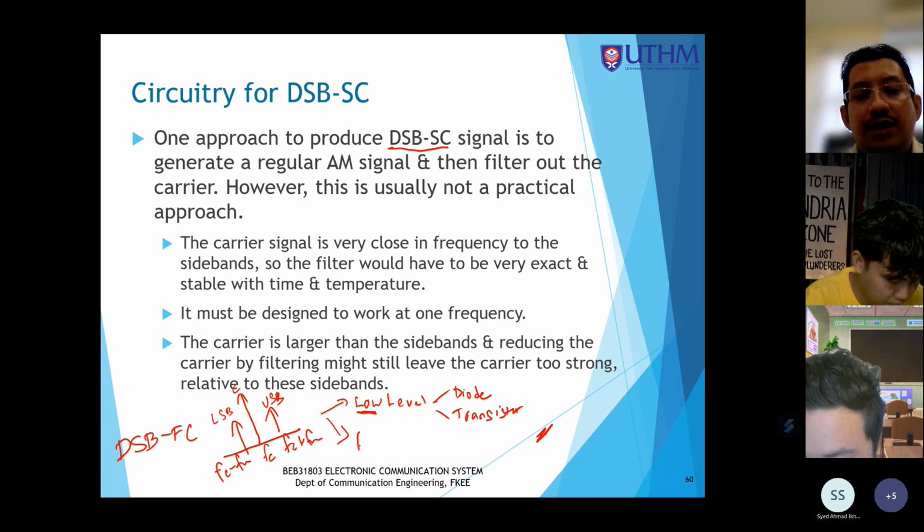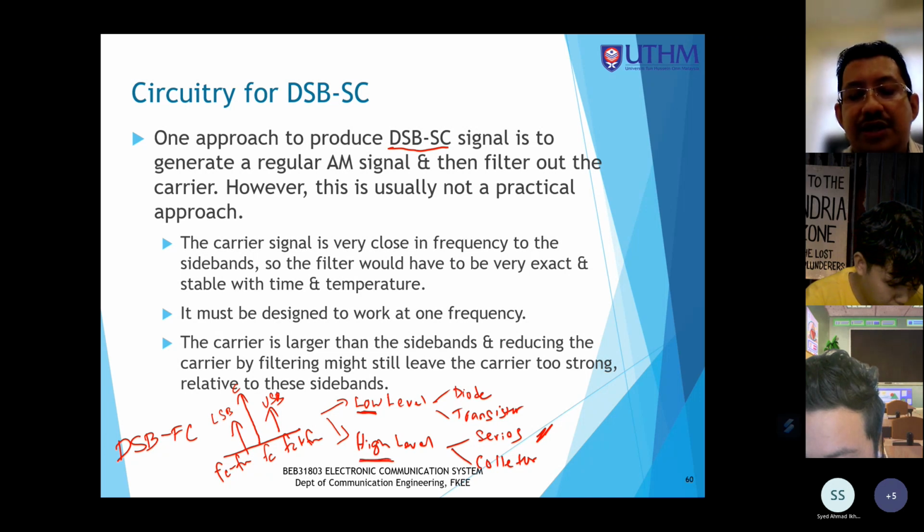Okay, and we have another one, what we call a high level modulator. Yang mana kita ada ditunjukkan dalam nota ada dua jenis, satu series modulator dan juga collector modulator. So the keyword here, high level, means that the modulator produces high amplitude signal, which is suitable to be transmitted directly through the medium.